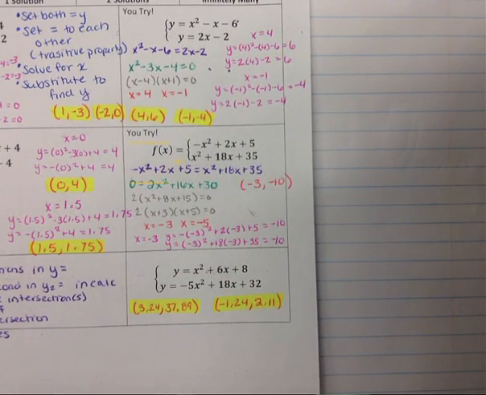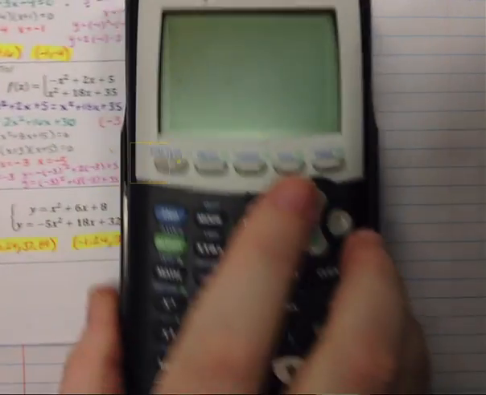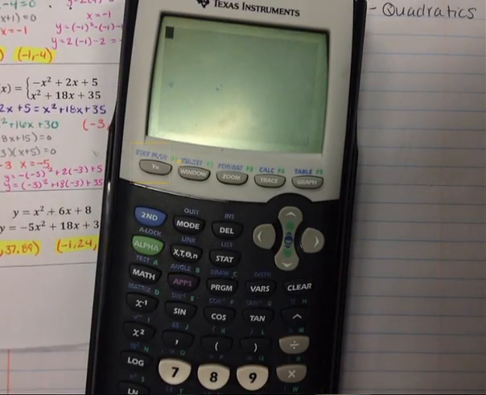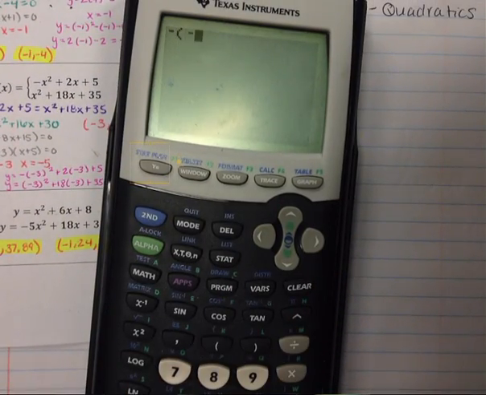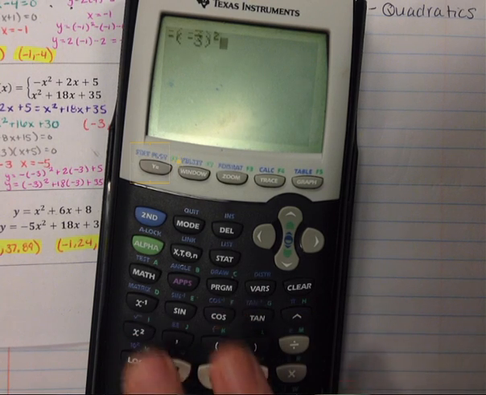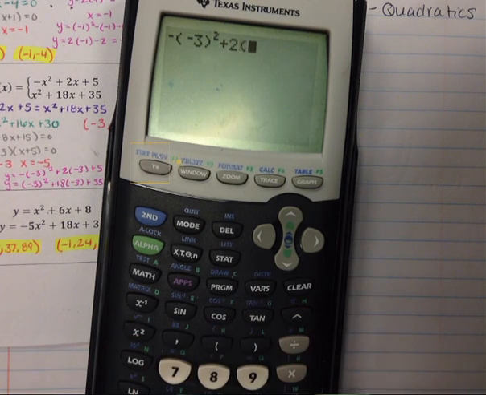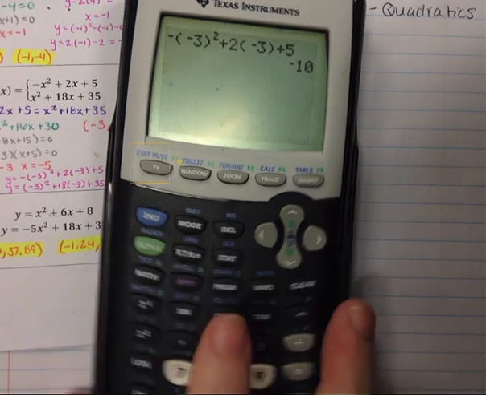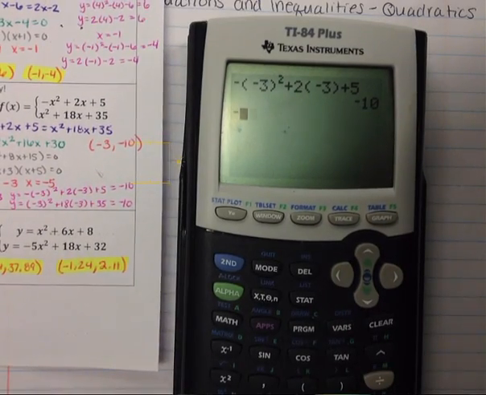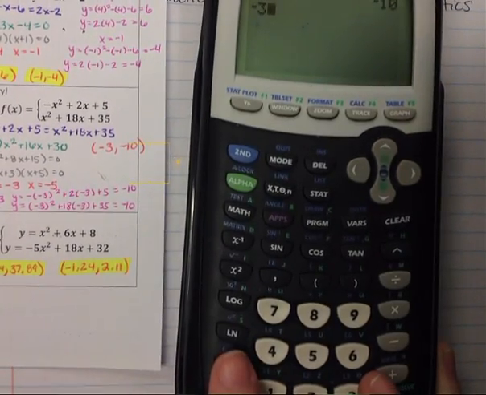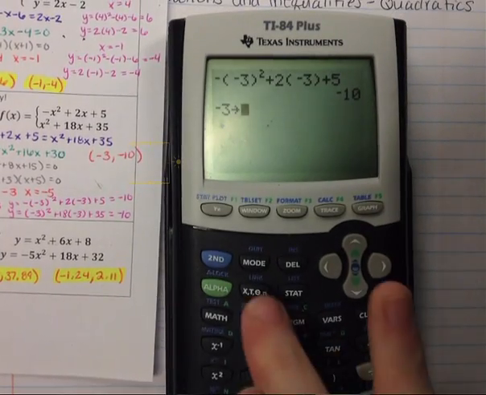Now I want to do the same thing. So I can again type in, just again to show, negative parentheses -3 parentheses squared plus 2 parentheses -3 parentheses plus 5. I get that -10. Now instead I could have done -3 store for the x.